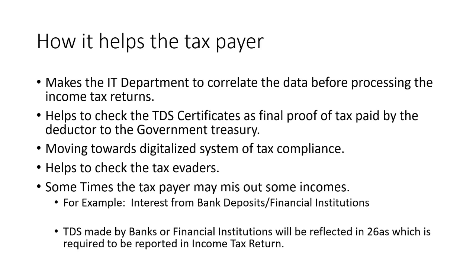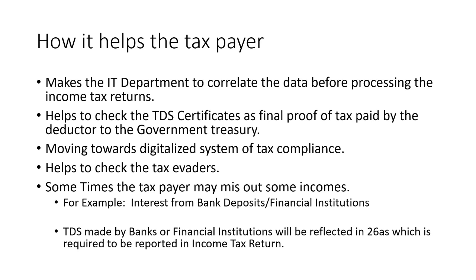The taxpayer may miss out some incomes also, for example, interest from bank deposits and financial institutions. Suppose the bank has already paid interest and the taxpayer has missed out these transactions in the income tax returns.